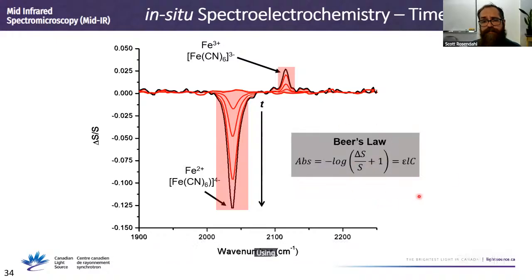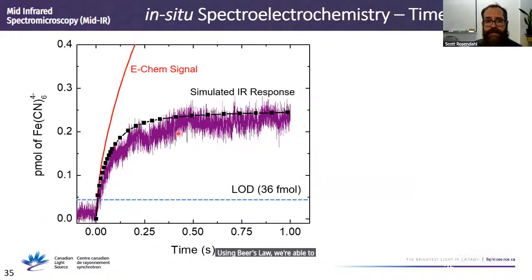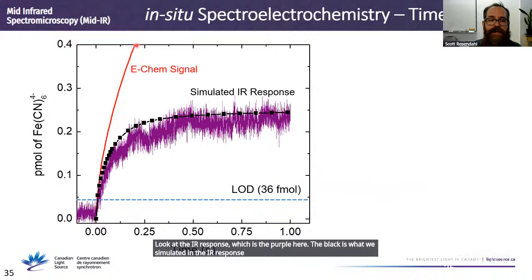using Beer's law, we're able to then produce a plot where we can look at the IR response, which is the purple here. The black is what we simulated in the IR response. The red is the electrochemical response.